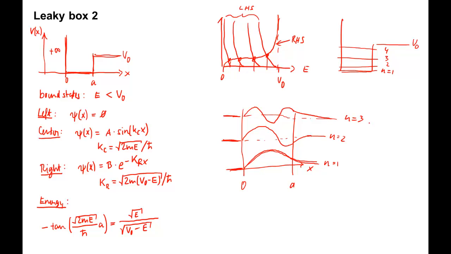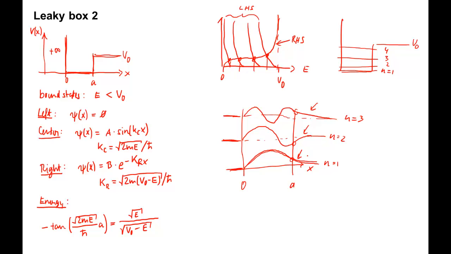n equals 3. Within the box, the wave functions are oscillating and look similar to the ones for the particle in the box with infinite walls. At the right boundary, the wave functions do not go to zero, but transition smoothly into decaying exponentials in the right region. This is remarkable.